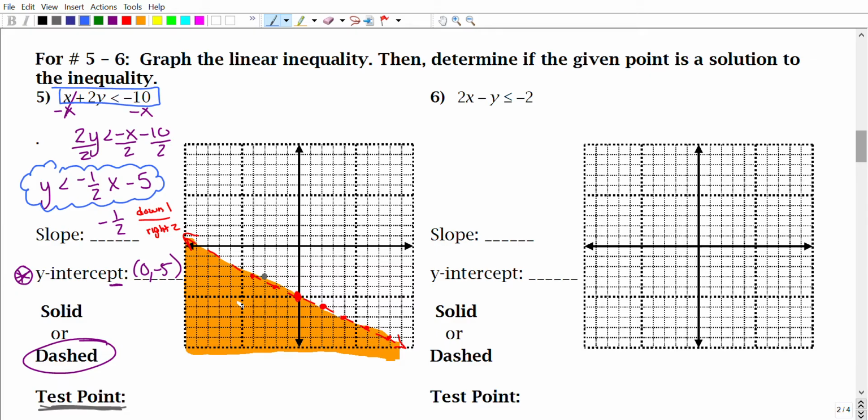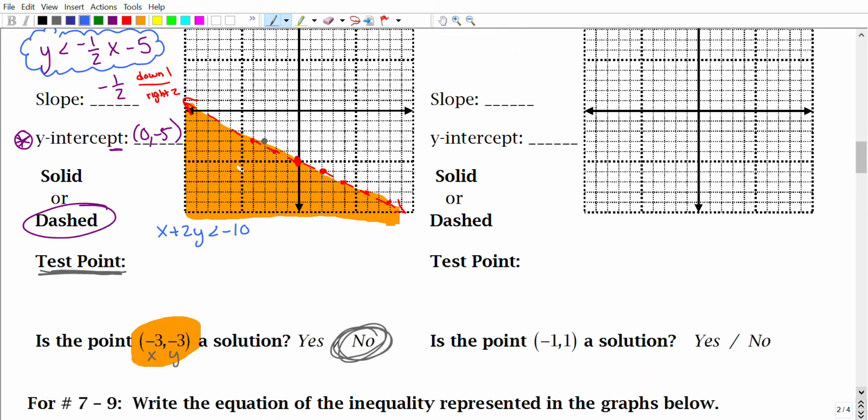Scroll up real quick. Okay, so we have x plus 2y is less than -10. That's my original inequality. Okay, so let's go ahead and substitute my values in here. So I have -3 plus 2 times -3 is less than -10.